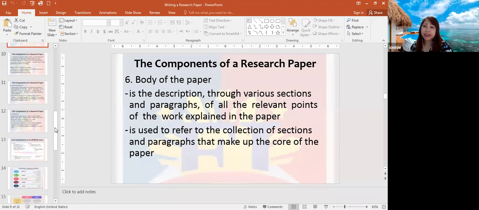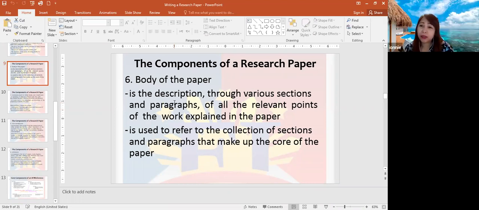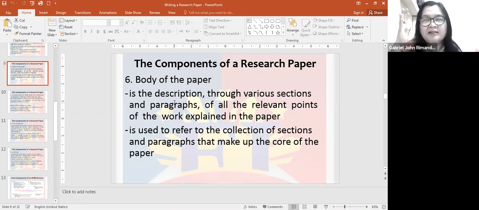Most probably, how many pages is the minimum for the research? We cannot say any minimum page because it depends on the formatting that you will be using. Because sometimes it depends on how broad the topic is also. Yeah, that's right. But the page itself, if you are following certain formats, which I will discuss later, there will be font size required, there will be spacing or margins required, so I cannot tell exactly.